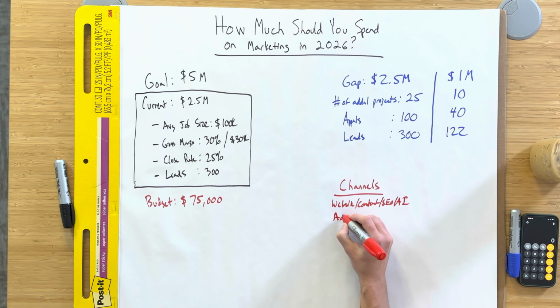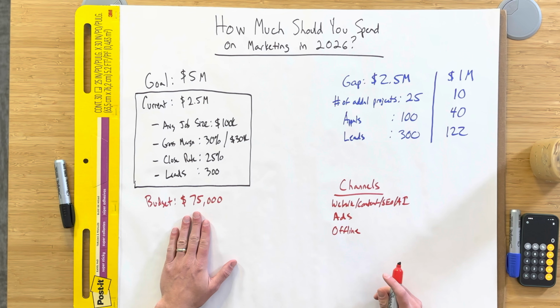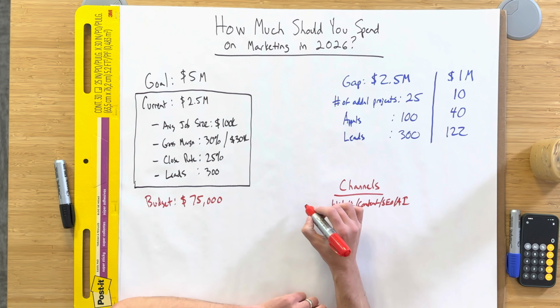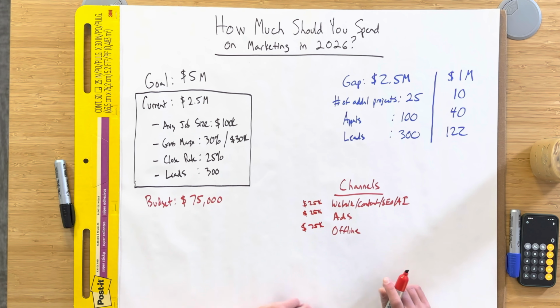Then we're going to have an ads bucket, and then we're going to have an offline bucket. So we had $75,000 that we spent, and we're going to say we spent 25 in all of those. So we just split our spend evenly.